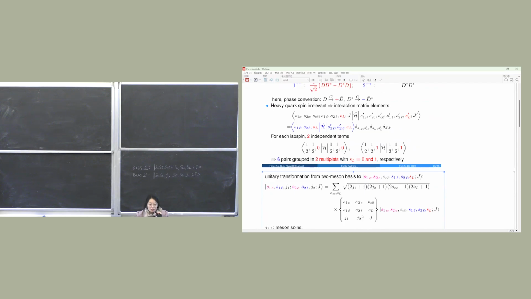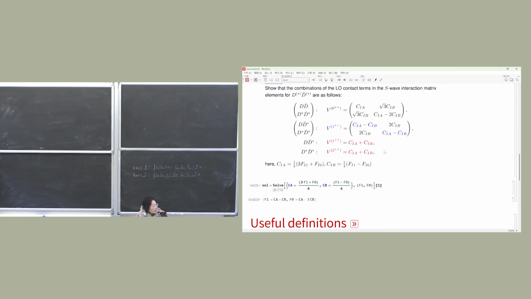So later I will give you a note to calculate this Wigner symbol. You don't need to calculate by hand. You just need to know how to derive the potential. Just the logic is enough.